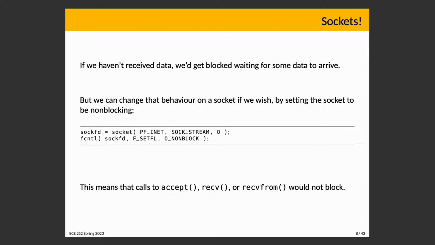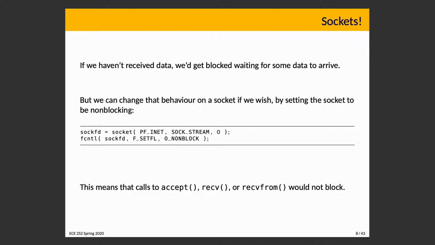We can change this by setting the socket, doing the following. So imagine that we are creating a socket. The actual arguments for creating the socket are not important, but we have a socket, and then we can use the file control function with the socket, and the command that we're going to give to this function is set flag.